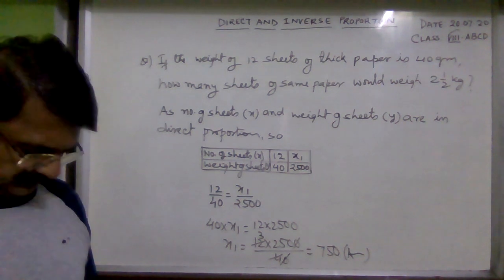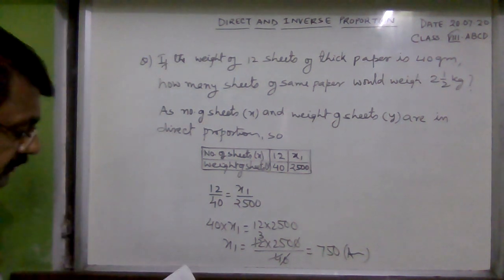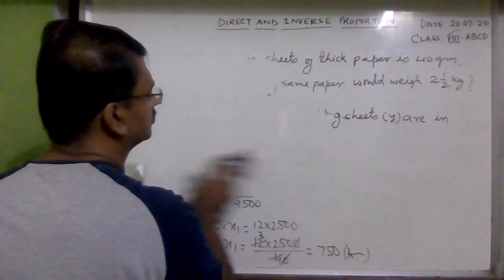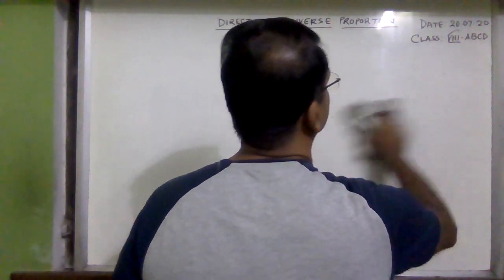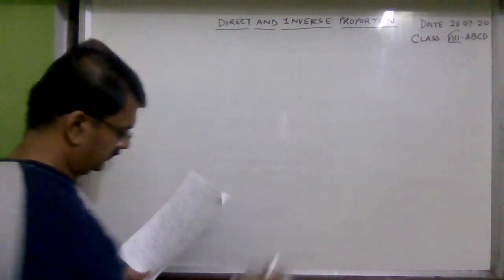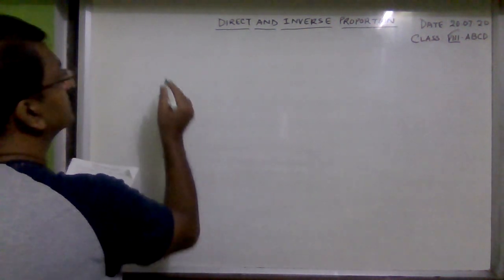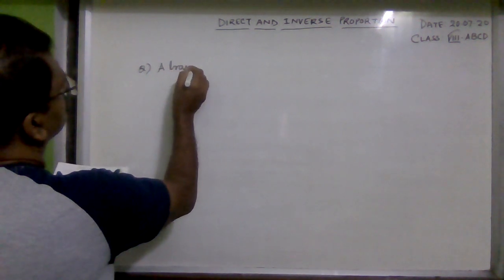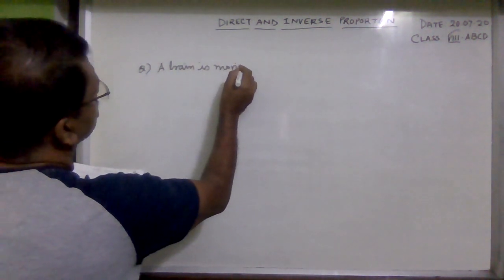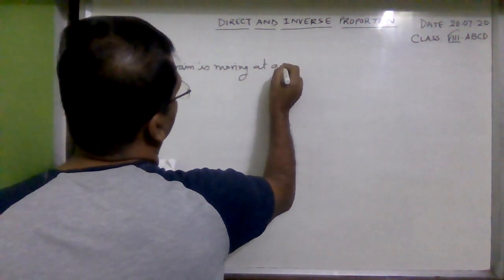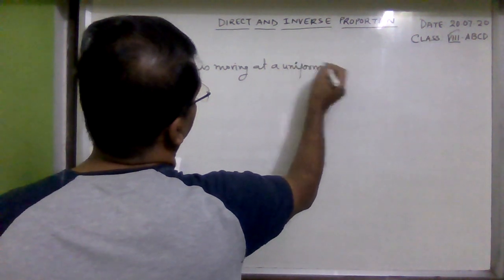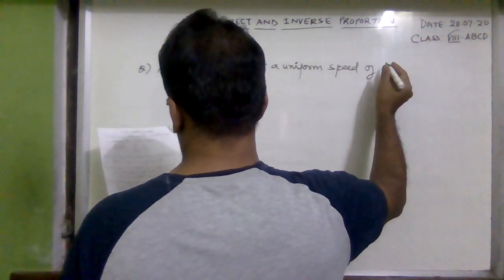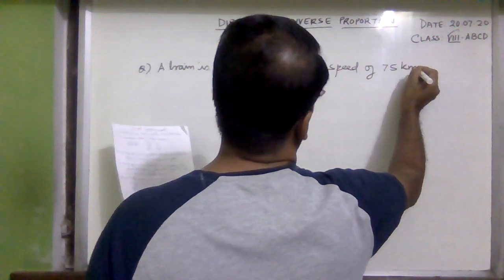Now the next question. Next question is, a train is moving at a uniform speed of 75 kilometer per hour.